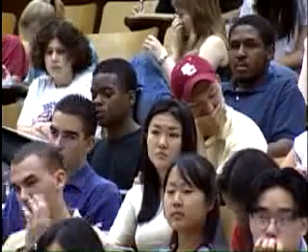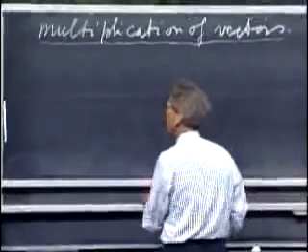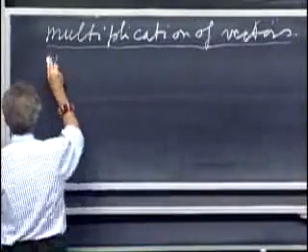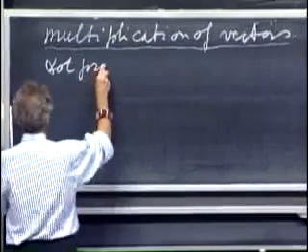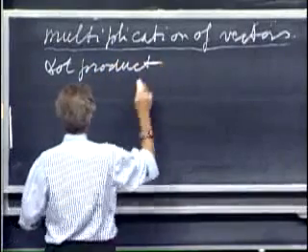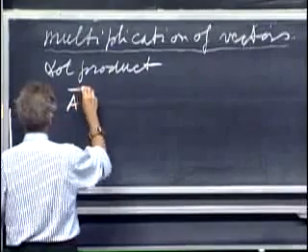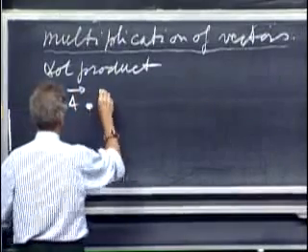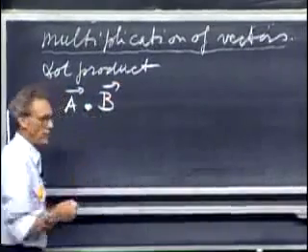So I'm going to talk about multiplication of vectors, something that will not come back until October and later in the course. There are 2 ways that we multiply vectors. And one is called the dot product, often also called the scalar product. A dot B, a fat dot.